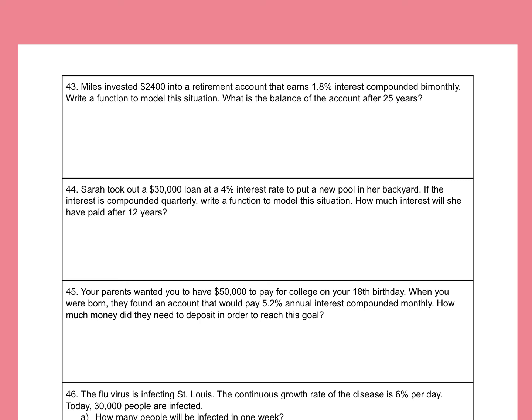Okay, another function one. Investing into a retirement account earns interest, keyword right here, compounded bi-monthly. Now we search: do we see the words continuously compounded? No, we do not. So we know we're just using the basic compound interest formula. So A is going to equal that initial investment times 1 plus my growth rate. Again, we always convert percentages to decimals, so make sure we do that.